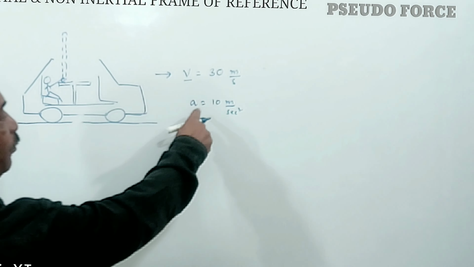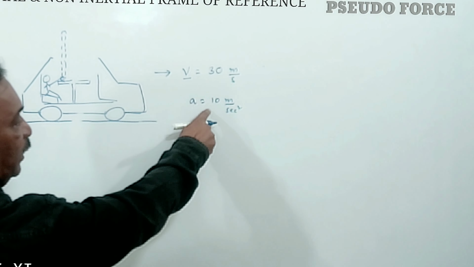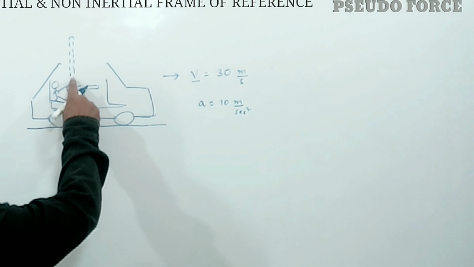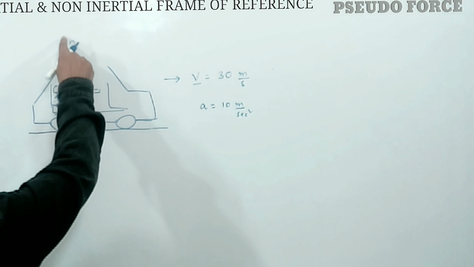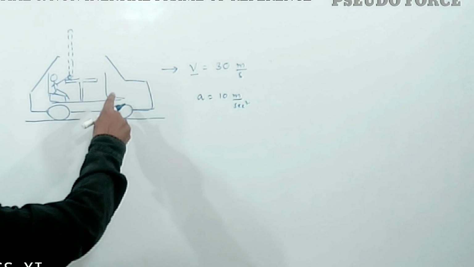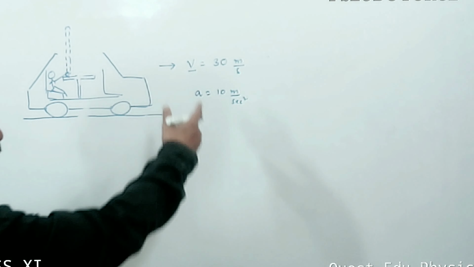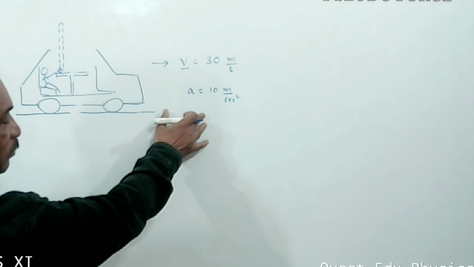What happens? Here the same vehicle is accelerating with an acceleration of 10 meters per second square. That means what? When you throw the body, it moves up and it is in air. Meantime, what did happen? It is accelerating. It travels a further distance of 10 more meters.